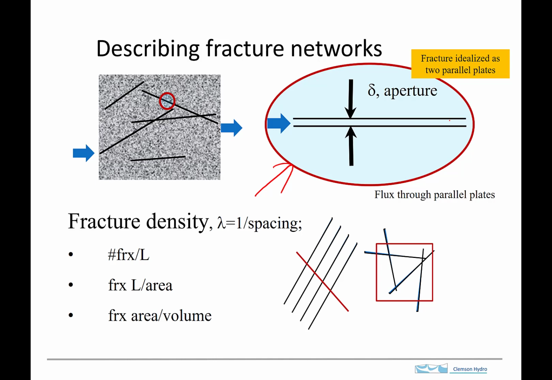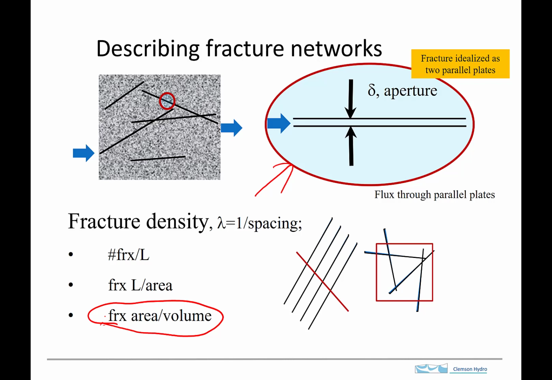and we'll want to characterize the fracture density. So there are a couple of ways of doing this. I think that probably the best way is to think about a fracture area per unit of volume.